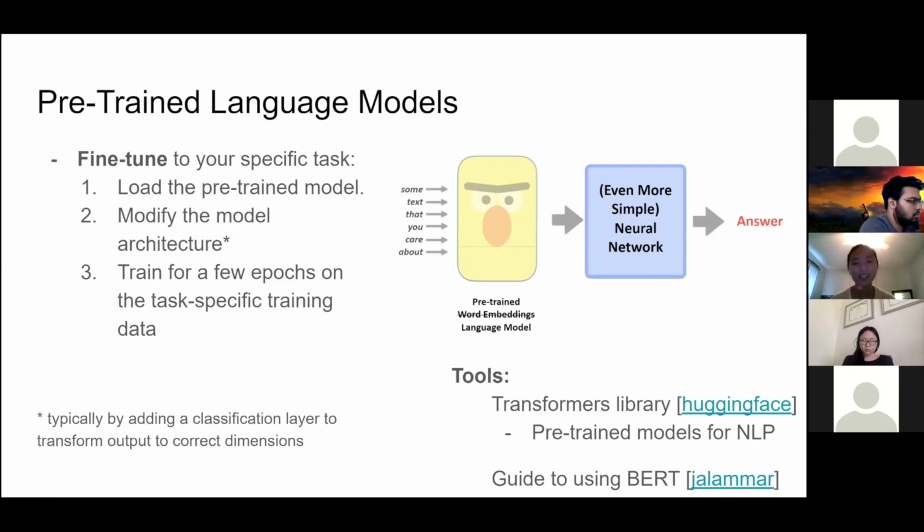Obviously, this requires that you have the resources to actually train these models. So even though you're only training for a few epochs, the size of these models means that it takes forever.